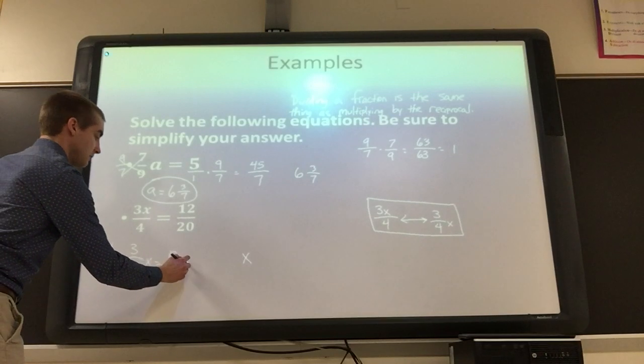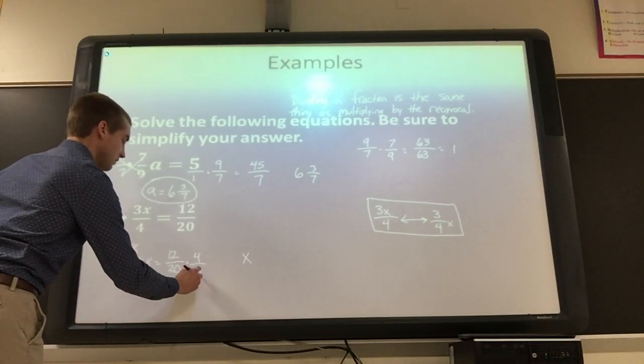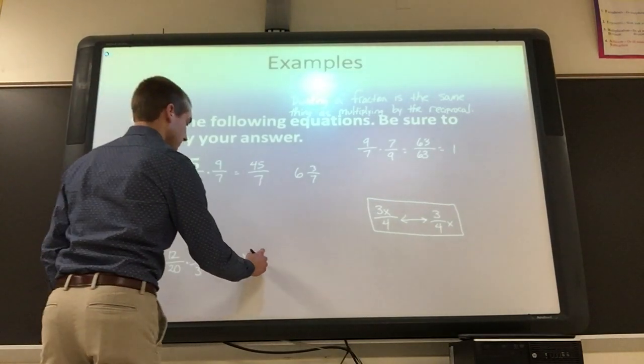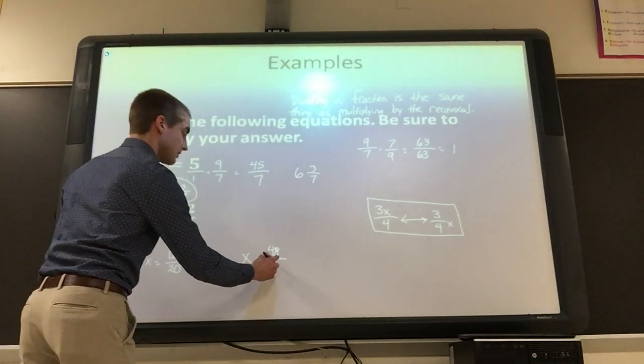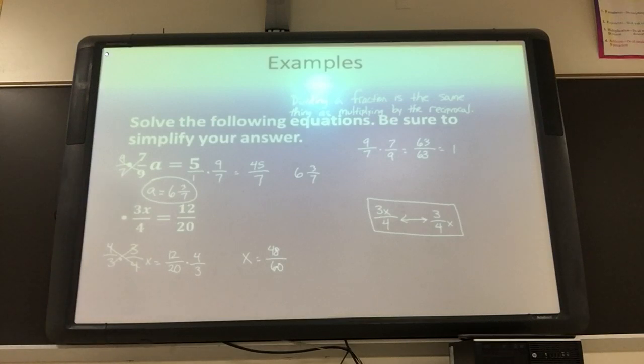And then I'm going to have to multiply the same thing on the other side, so multiply by 4/3 over here. 12 times 4 would get me 48, and 20 times 3 would get me 60. x equals 48 over 60. Now, whenever we are dealing with fractions, you've got to ask yourself, what should I probably do with that fraction?